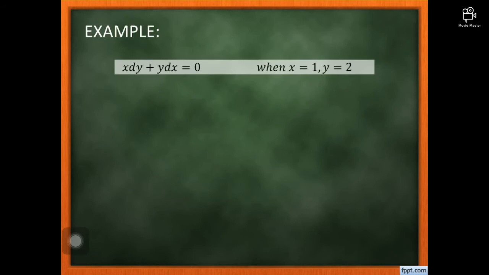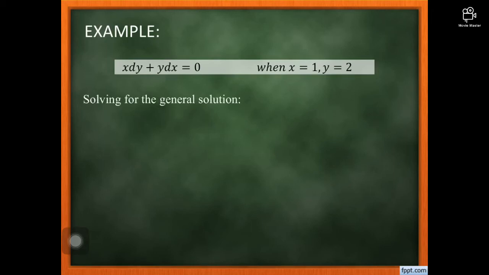For this topic, we have the example x dy plus y dx is equal to 0, when x is equal to 1 and y is equal to 2.